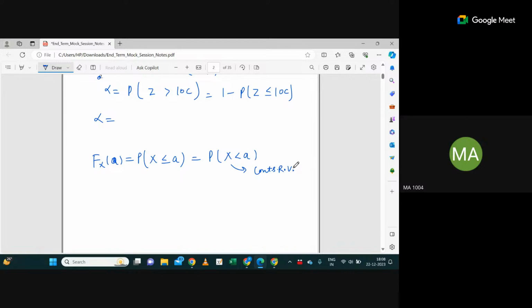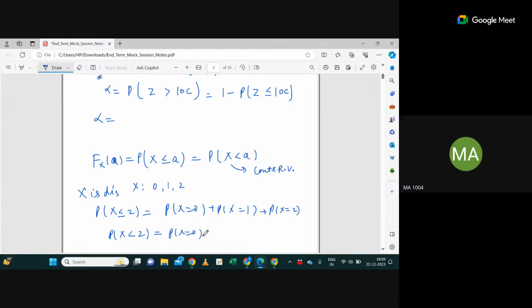That's why in case of continuous, it's the same thing. If it's discrete, suppose X is a discrete random variable ranging over 0, 1, 2, for example, then if I write X less than or equal to 2, you have to add all the probabilities, that is, X equal to 0 plus X equal to 1 plus X equal to 2. But in case of continuous, equality doesn't matter.